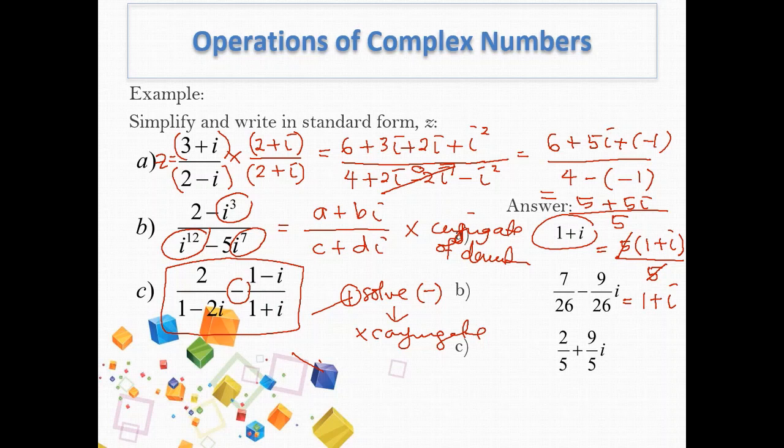Or the second choice, you multiply the conjugate for both, for this one and for this one, and then you perform the subtraction later. You can try both. That should give you the same answer. So it doesn't matter how you choose.